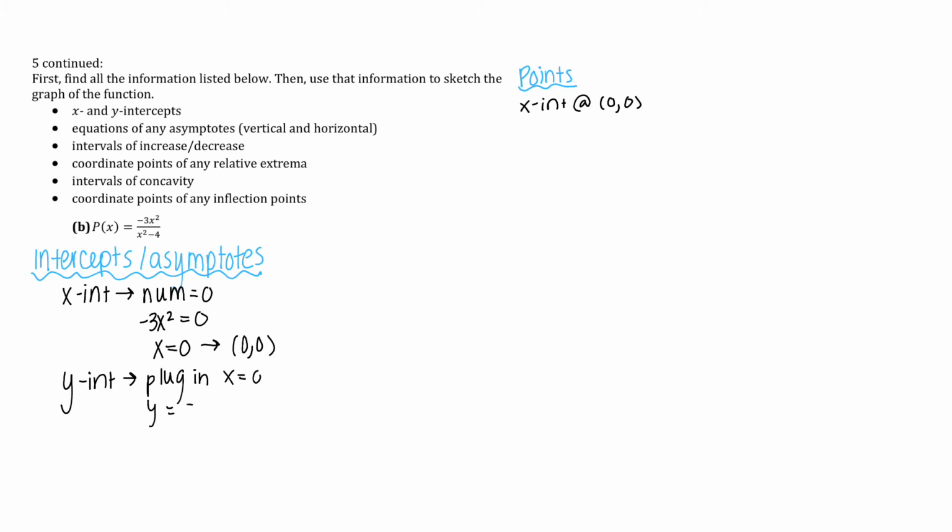So y is equal to negative 3 times 0 squared over 0 squared minus 4. That's 0 over negative 4, which is just 0. That makes sense. I've said this before: if you have the x-intercept (0, 0), it's also your y-intercept. So this is really like an x/y intercept because it's both of them.